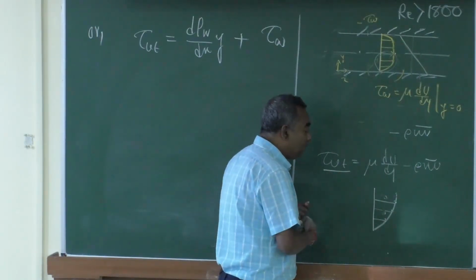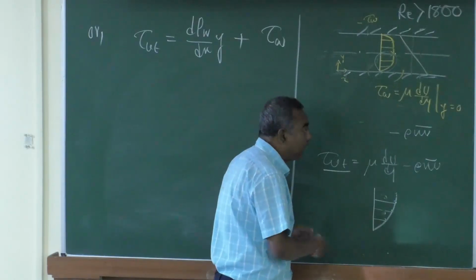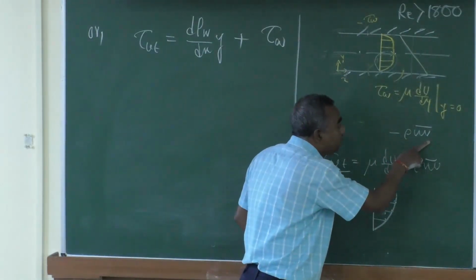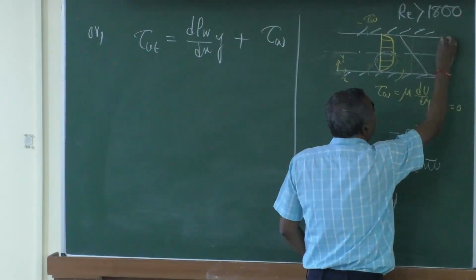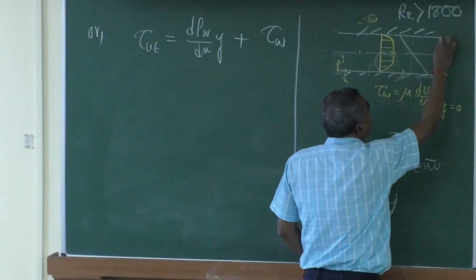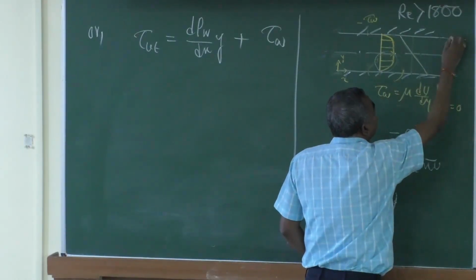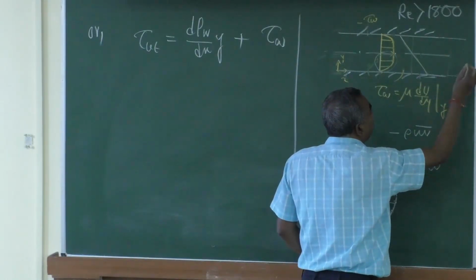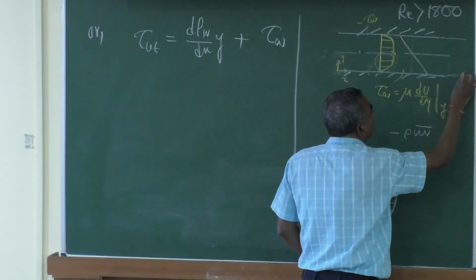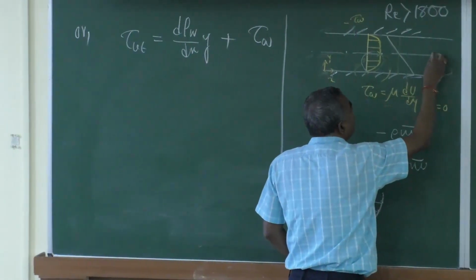So the multiplication of u v is going to be negative. That means minus rho u v is going to be positive for the lower half. In fact the Reynolds stress profile, if you draw it here, is going to be 0 at the wall, then slowly positive, then it is going to be negative.